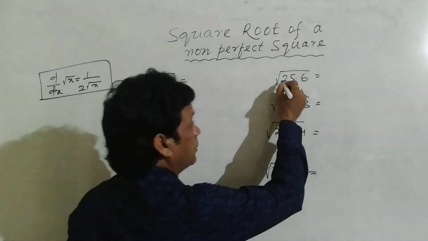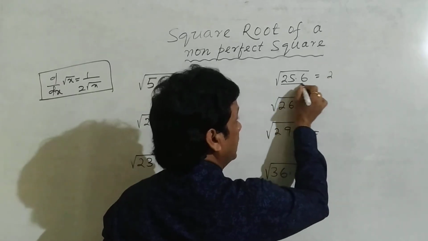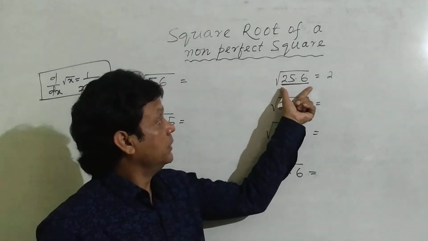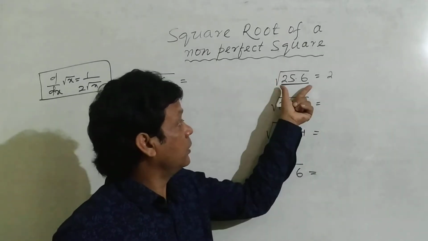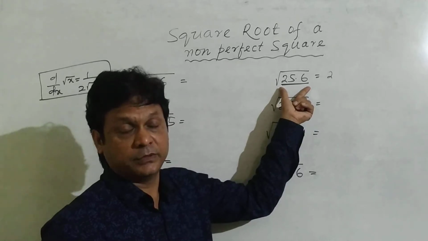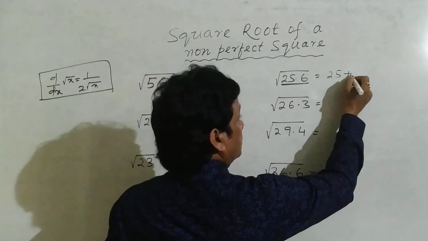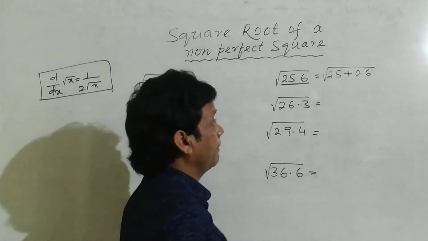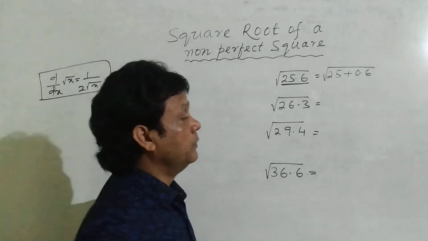See here, 25.6 is there. Tell me a perfect square number which is nearest to 25.6. It is 25. So I can write the square root of 25 plus 0.6. Now let us see the trick.